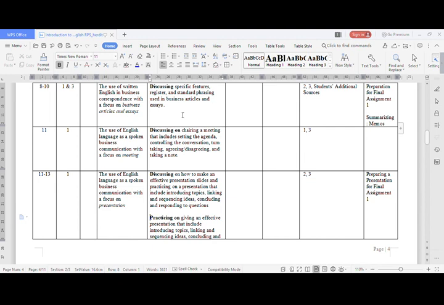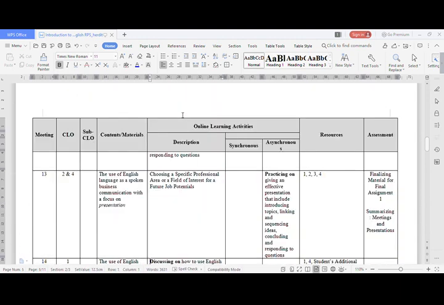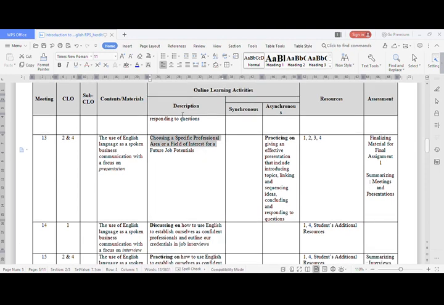Now, presentation slides, we will talk about it, and then you will practice doing it in this part, the 13th meeting, the presentation. So you will finalize, after in the previous meeting I tell you to find an article or two, like I said.